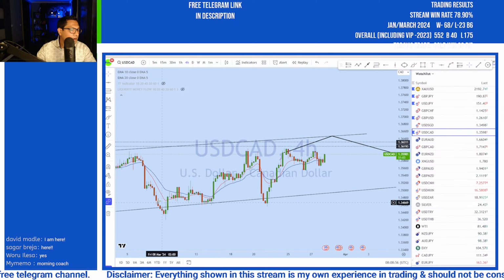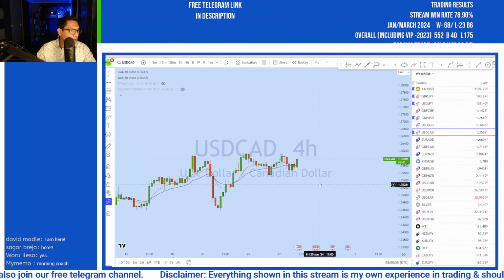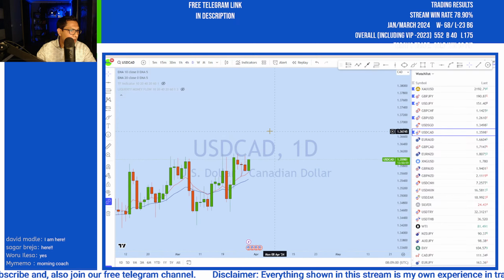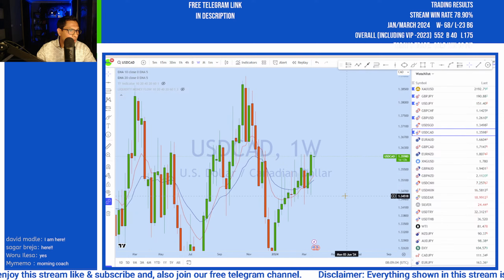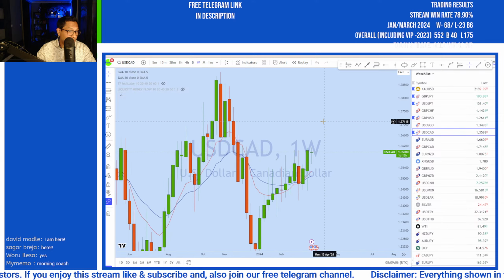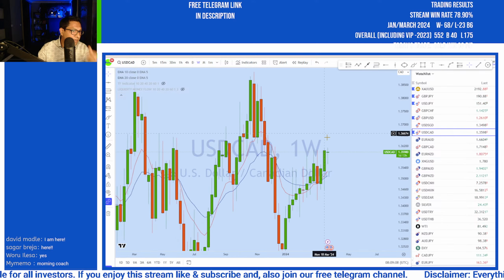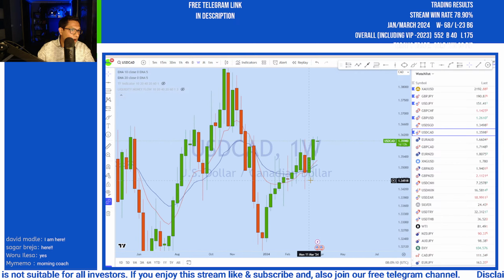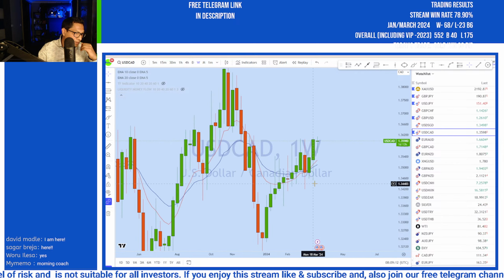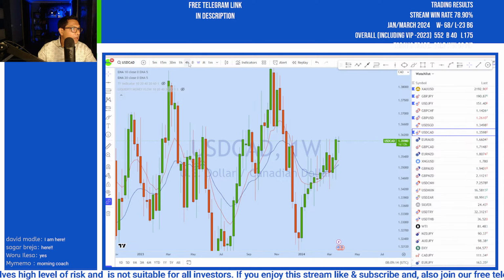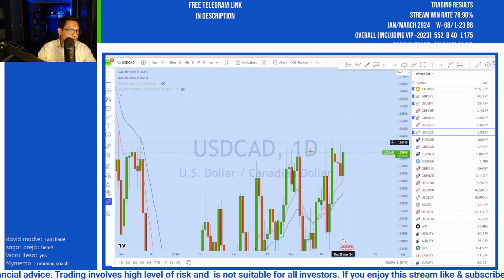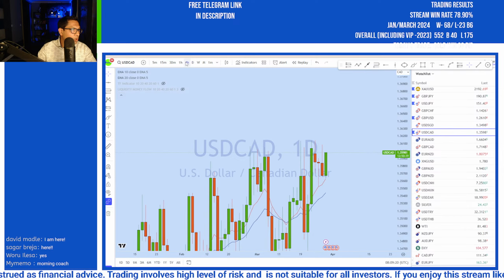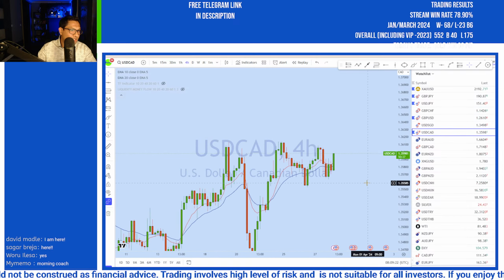As the CAD news is coming later today, we can see the dollar CAD also preparing for a move here. If we look at the trend in the market, this is the daily chart on dollar CAD. On the weekly, we can see that previous week there was a massive bullish engulfer with a massive liquidity grab at the bottom, and this week so far the market was in a consolidation, slowly breaking out of the structure.